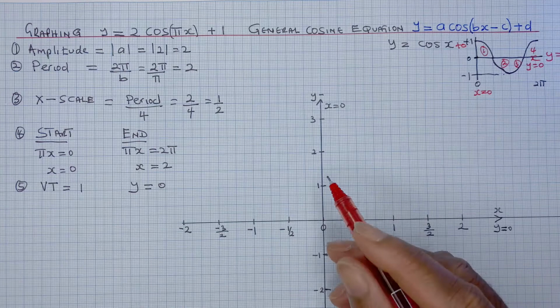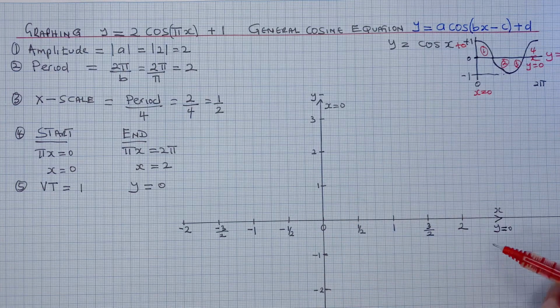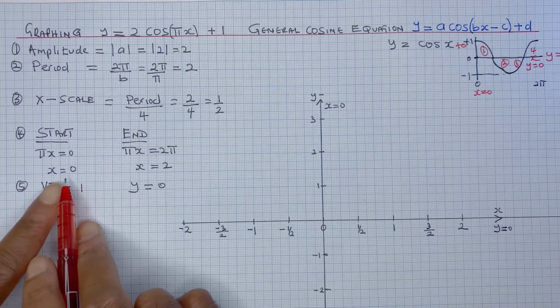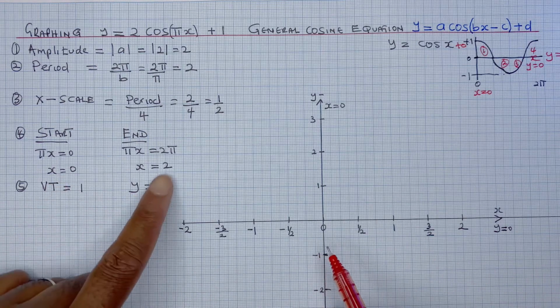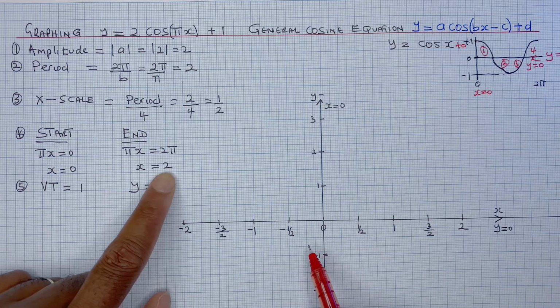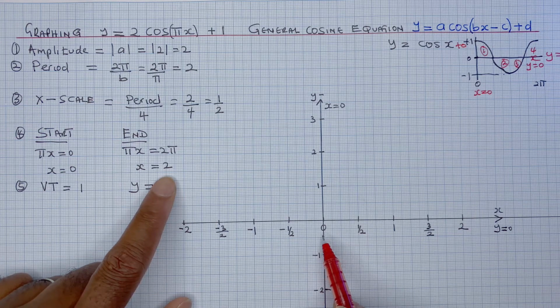So right, we're going to plot the values now. So we've got the graph. The start tells us what the x-axis should be, so it's 0, and the end tells us what it should be as well. So we should be plotting 0 to 2, right? So that's why we've got 0.